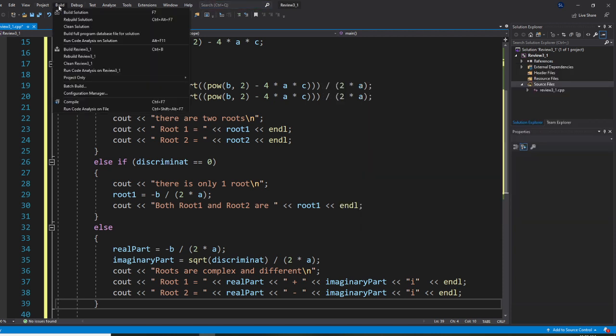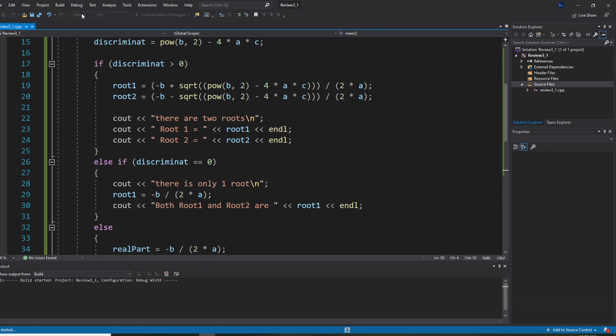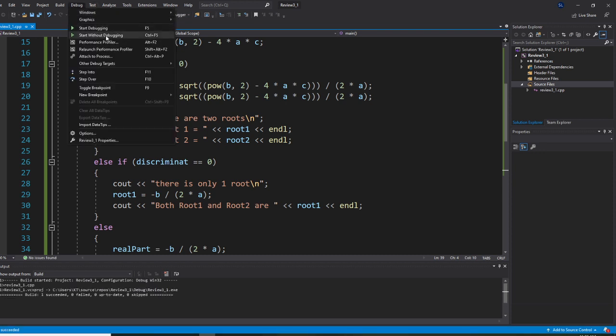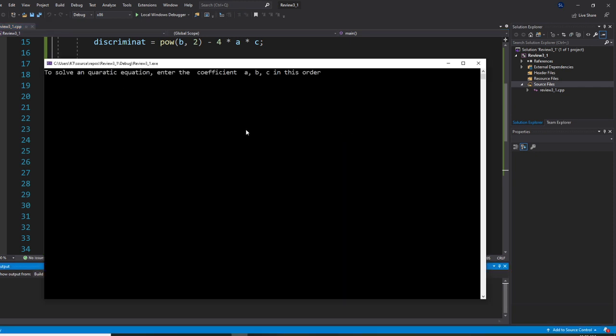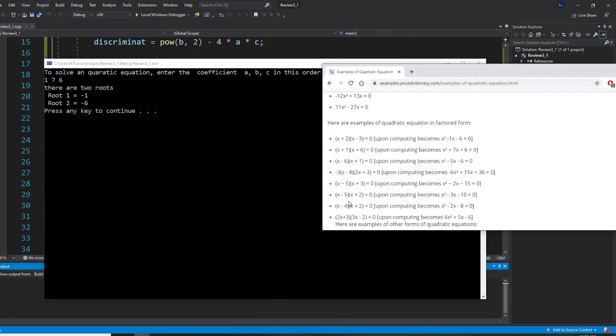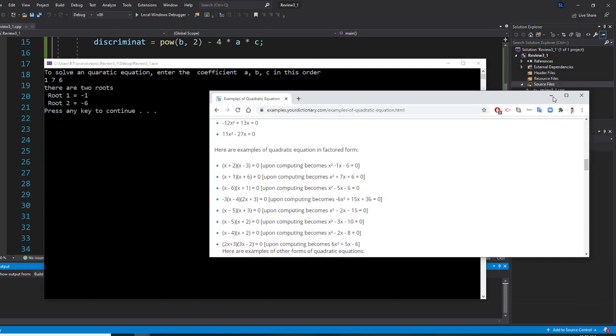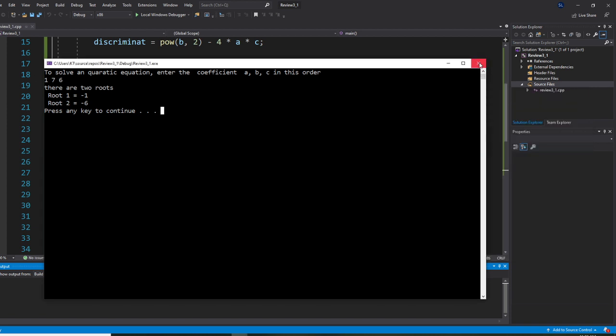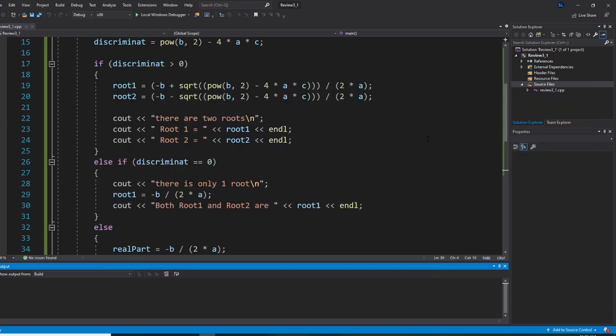I'm going to build it and start without debugging. I got roots -1 and -6, so we are okay. We are right. But now let's check the one for the imaginary number.